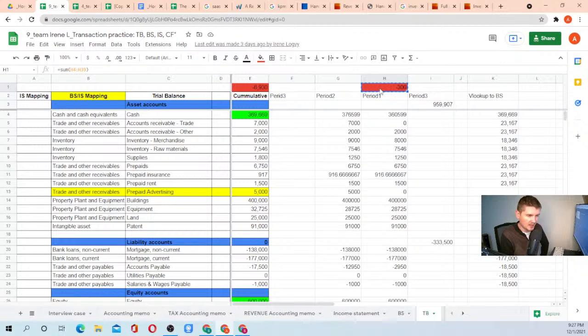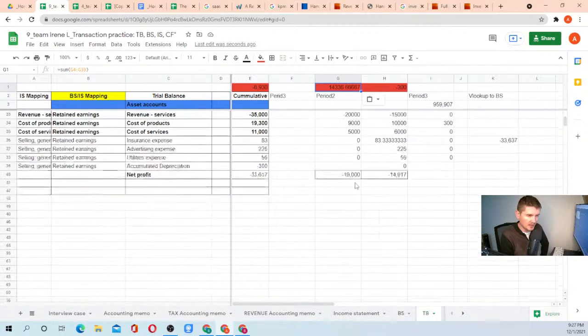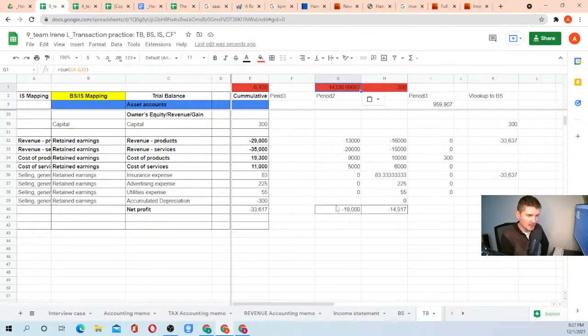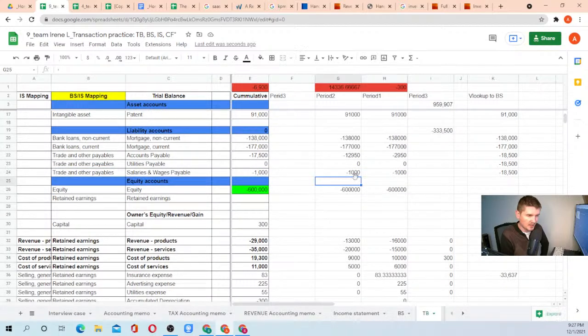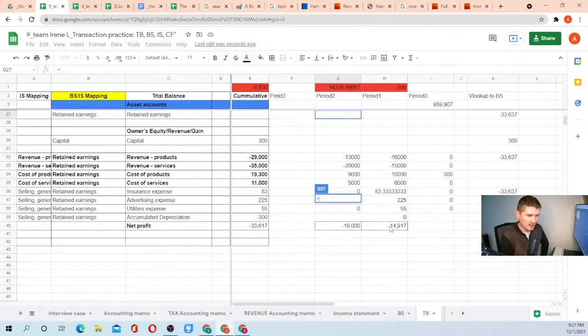So let's see what she has here. Okay, it's a bit complicated. She has net profit. So in order for that to balance, we need to add retained earnings here.